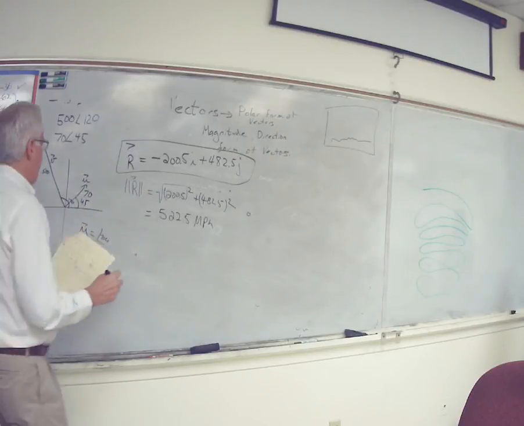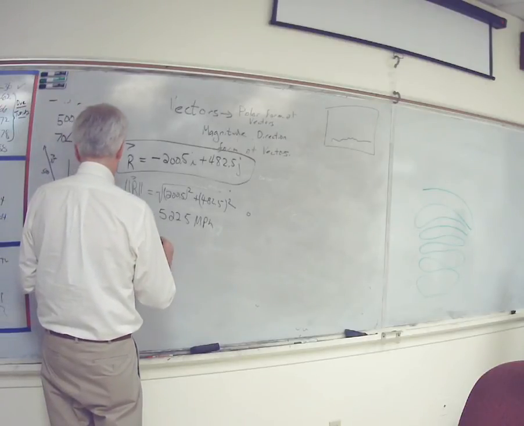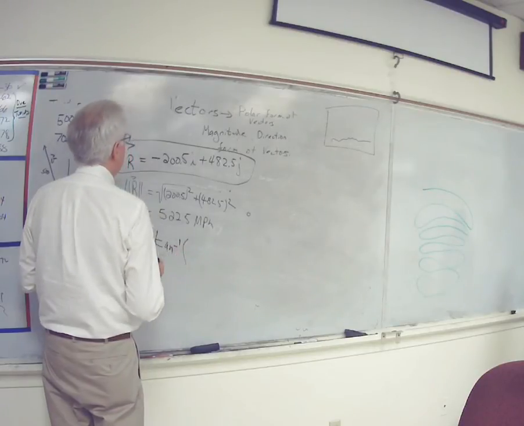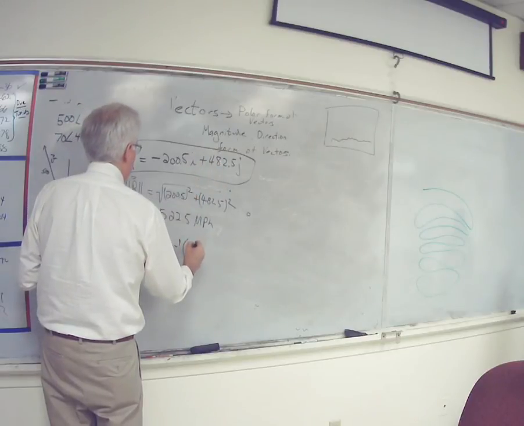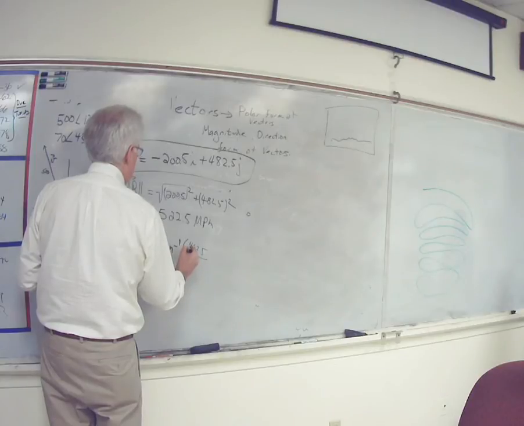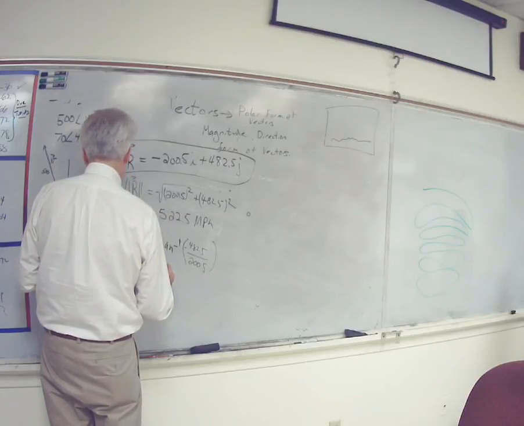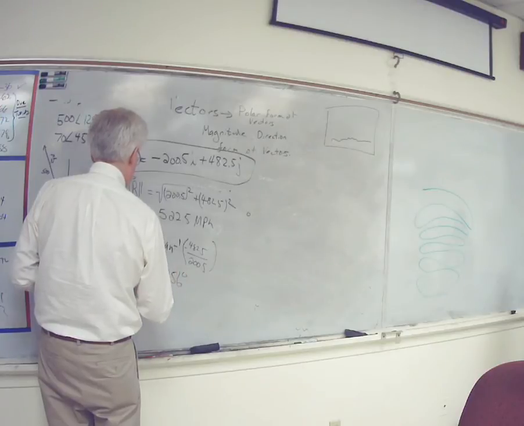Now I have to find the angle. The angle is going to be equal to tan inverse of the opposite over adjacent, 482.5 over minus 200.5. Be sure to put the negative. What I get the angle to be is 112.56 degrees.